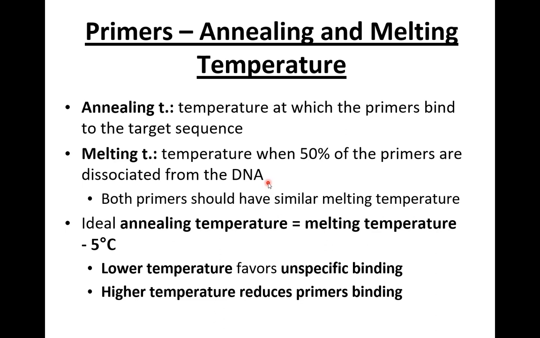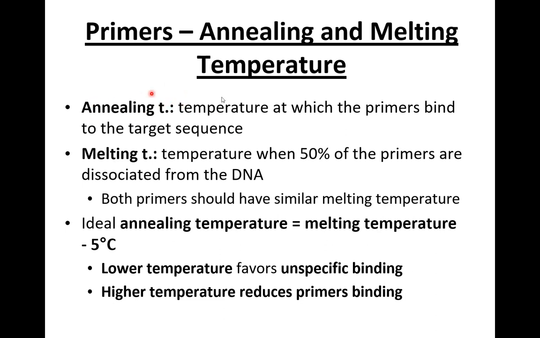So you have half which is annealed to the target DNA. Okay, could be 58, 60 degrees, 72 degrees, whatever it is. Obviously this is proportional to the amount of G and Cs you have. The higher the content, the higher is this temperature.